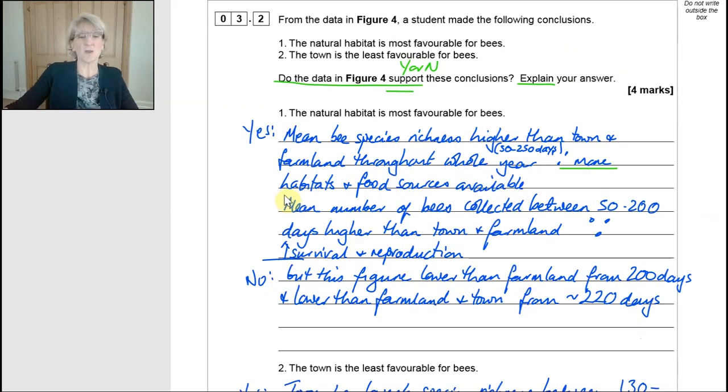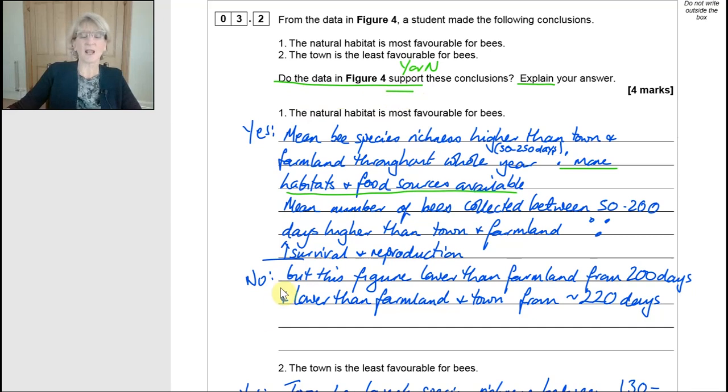This is me trying to explain it using biological reasons why. I've made my point about bee species and I made my point about the mean number of bees collected. Now, I've drawn a line here on my answer because it was only towards the end of me writing my answer that I looked back at the question and realised that it wasn't how do they support, it was do they support.